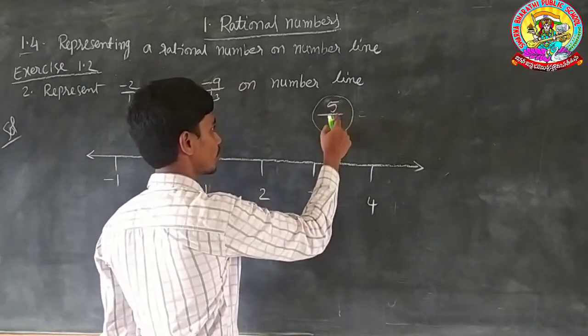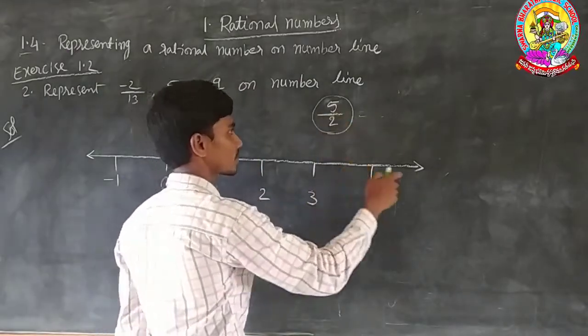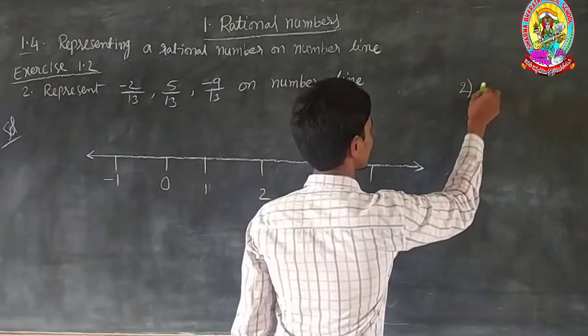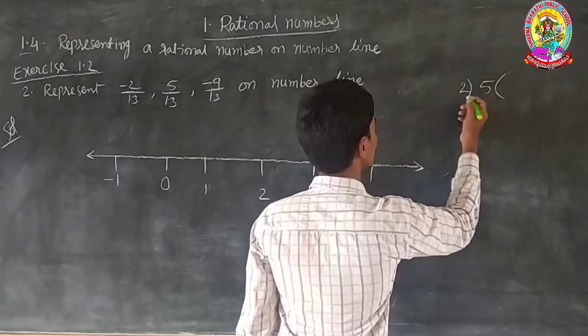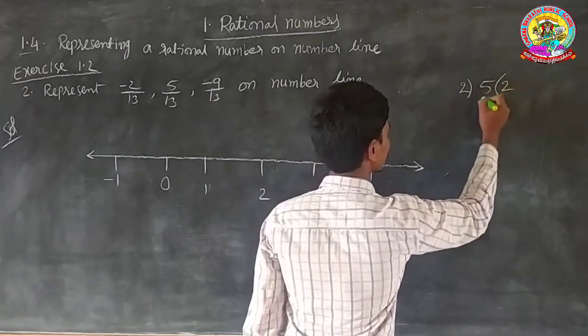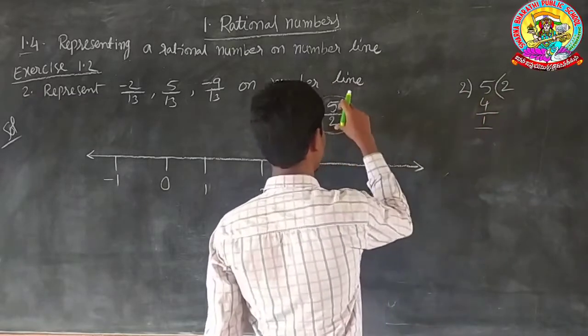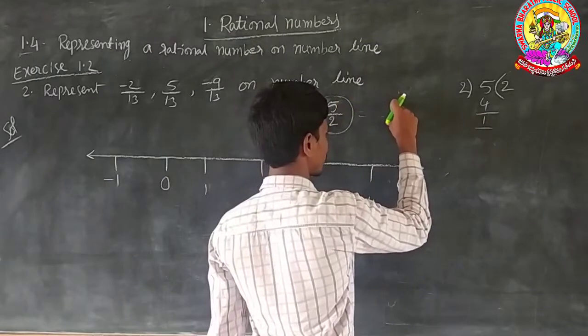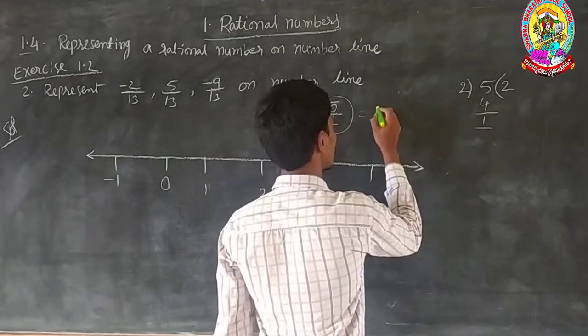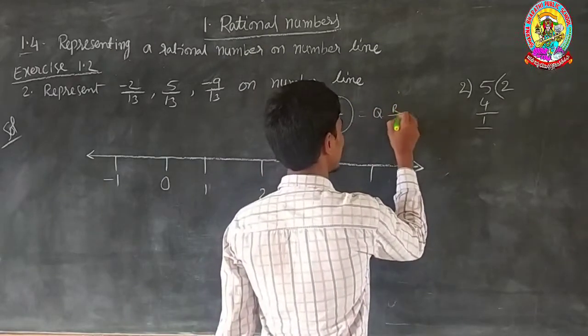For example, 5 by 2 is an improper fraction. So divide this fraction to convert it. 2 times 2 is 4 and the remainder is 1. To convert an improper fraction to a mixed fraction, the form is quotient, remainder by divisor.